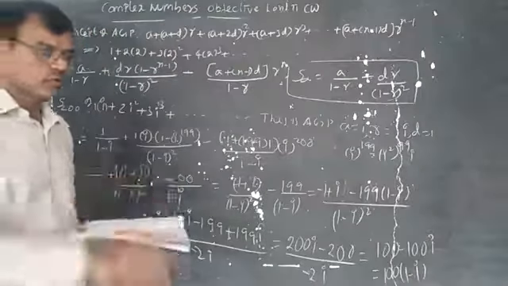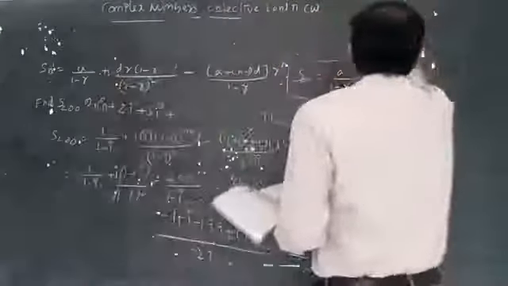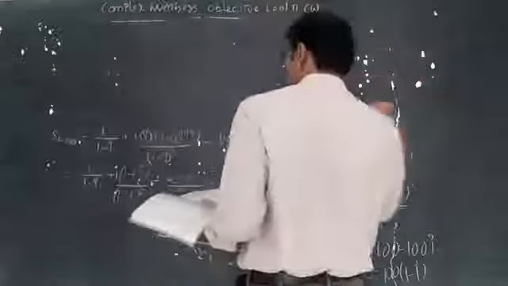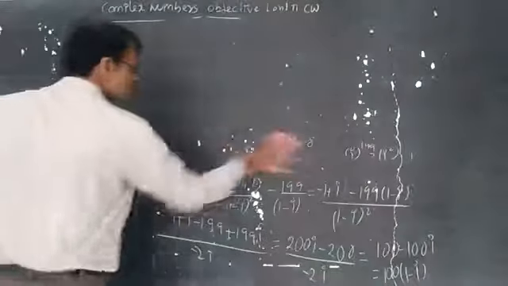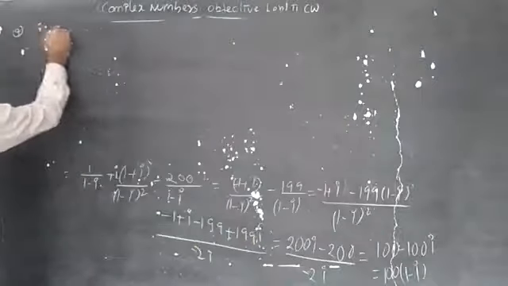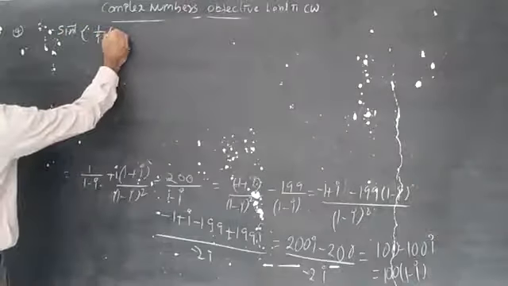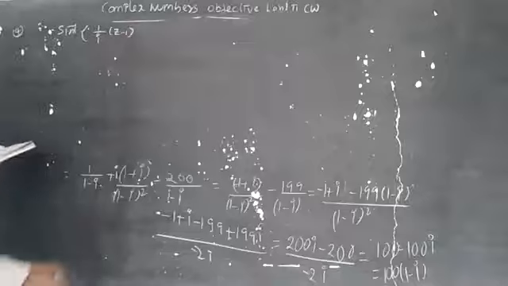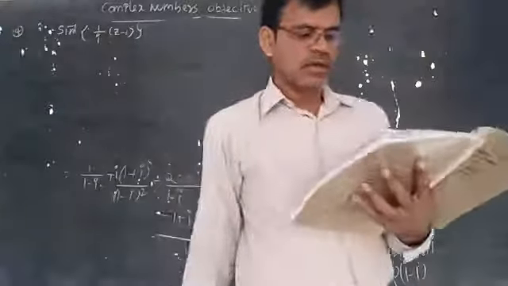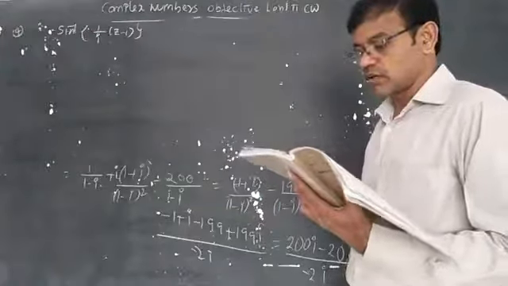Now let us discuss the fourth question. Sin inverse of (1 by i) into (z minus 1), where z is non-real, can be an angle of a triangle.